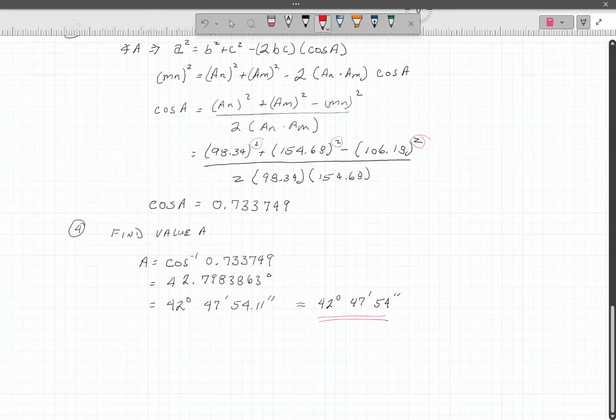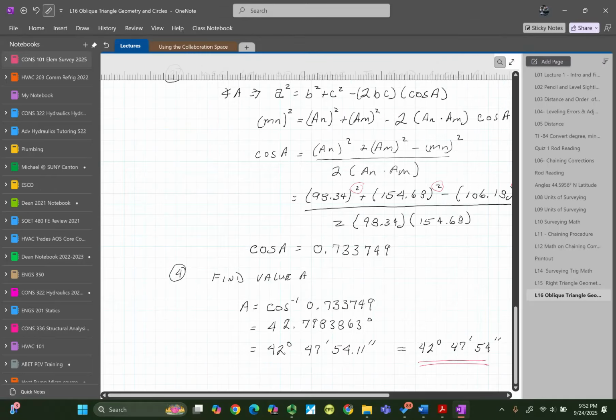That should take care of the law of cosines and sines. There's still more we can do with this, but I'm going to pause here while I set up the next half of this video.